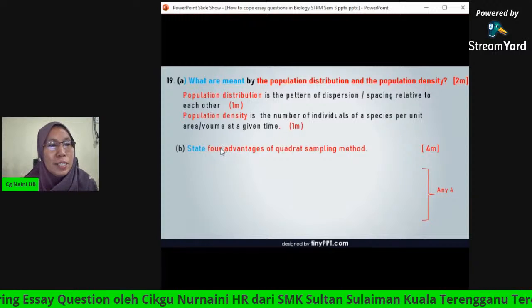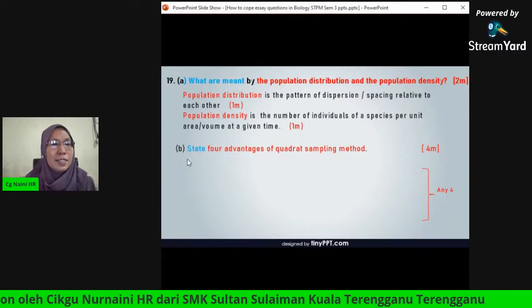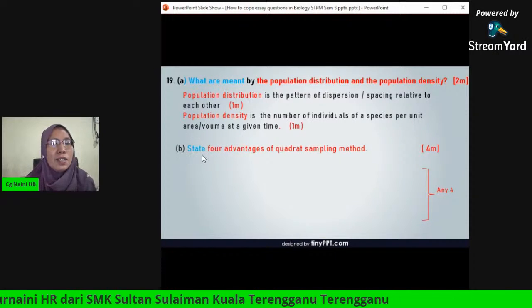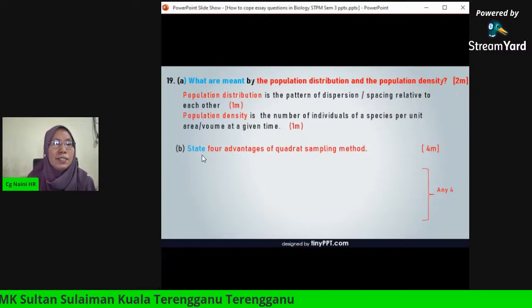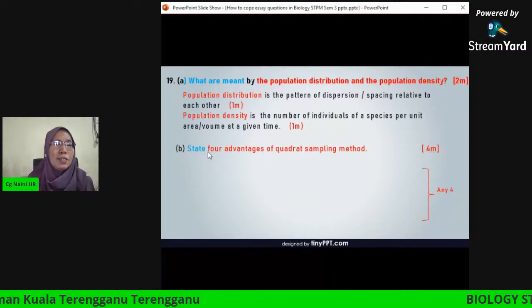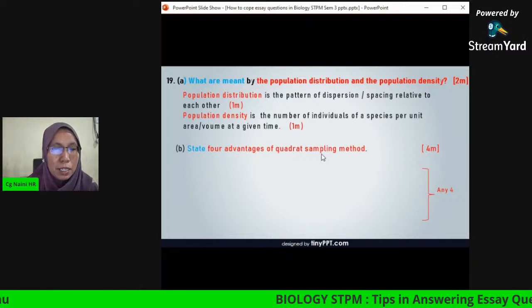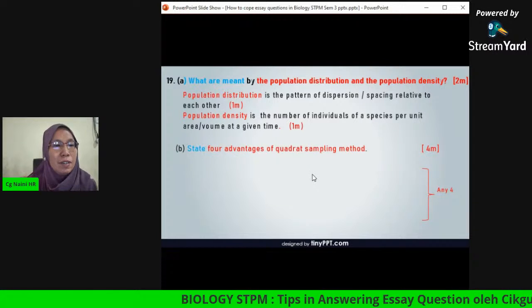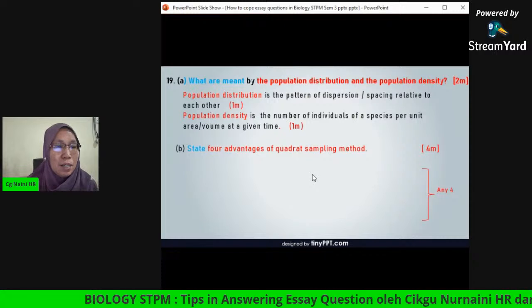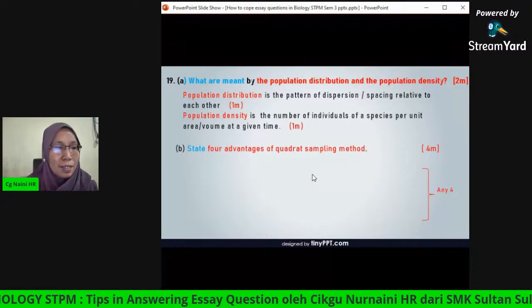Okay, you see another question. State. State means you just give the fact. So state 4 advantages of quadrat sampling method. So 4 advantages, you just state, not explain, not describe, just state only.